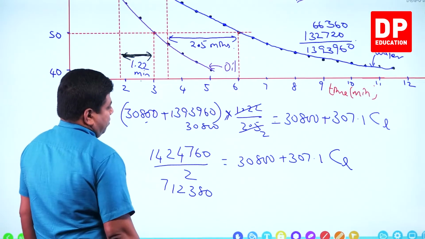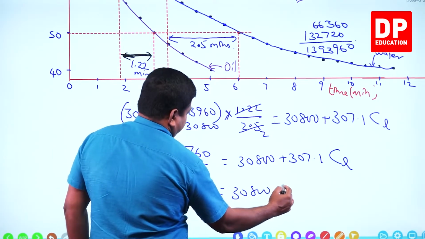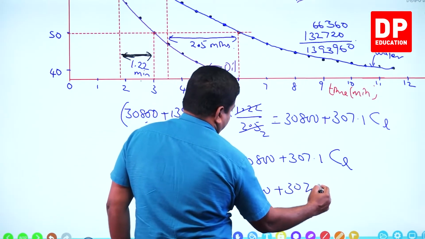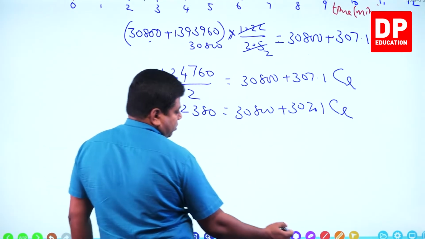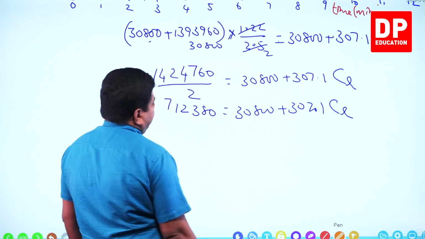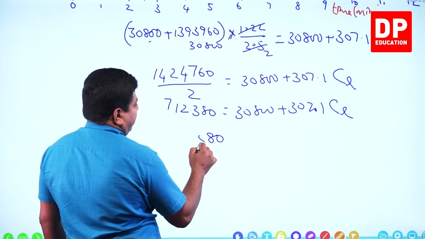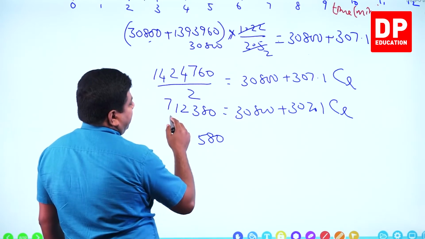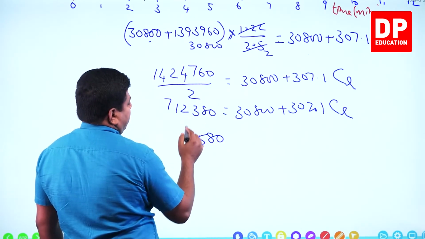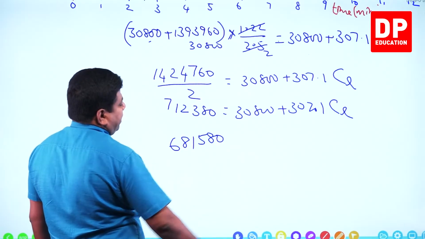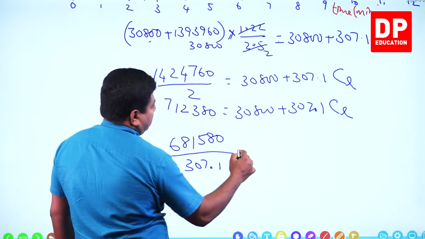712,380. 30,800, 307.1. Now subtract this 30,800 here. 30,800, 85, then 11, 1, 8, 681, 580 over 307.1 is going to be CL.